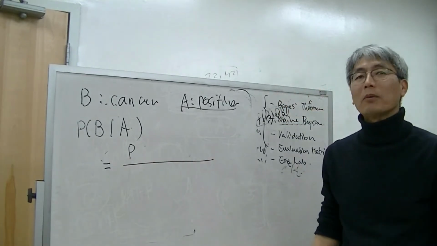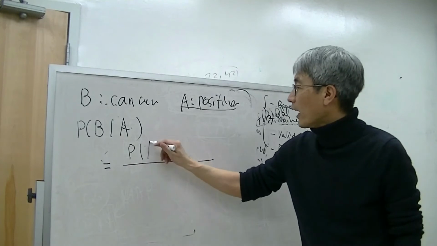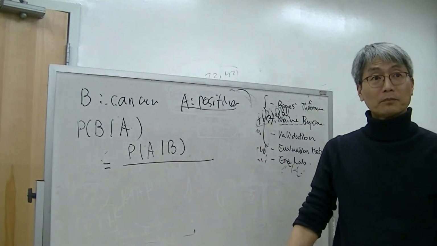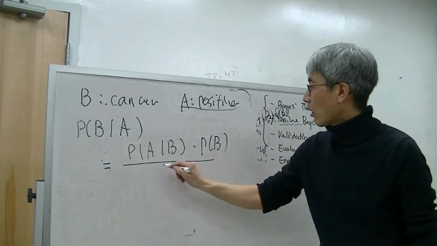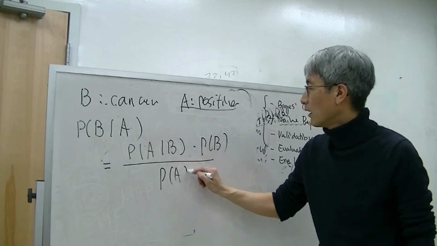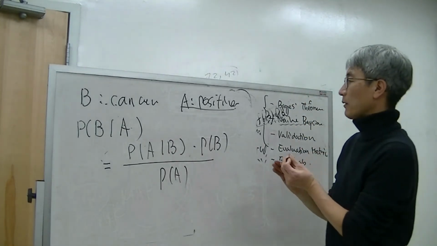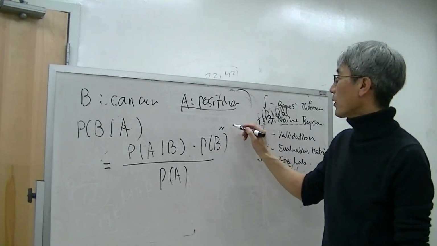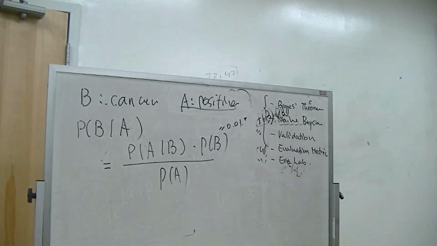What is the probability of B given A? It is P(A|B) times P(B) over P(A), right? So what about P(B)? What is the chance? It's 1%, so 0.01.